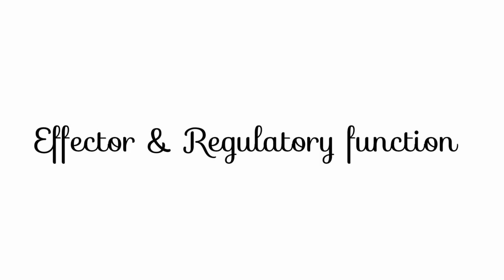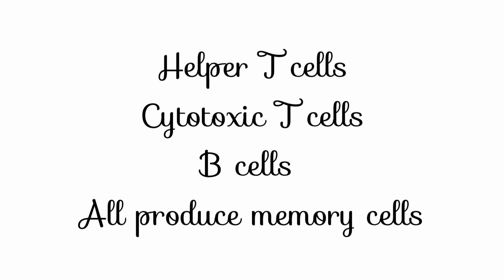The T cells that are growing will perform their effector and regulatory functions, and some of them will become memory cells, which are capable of being rapidly activated upon exposure to antigen at a later time. The cytotoxic T cells and B cells can also form memory cells.